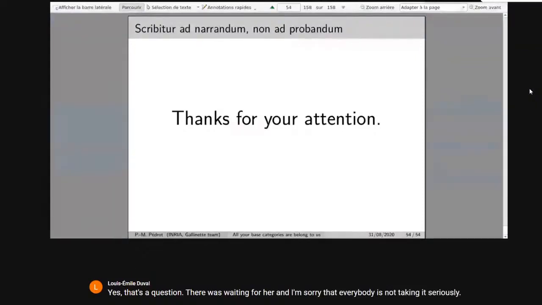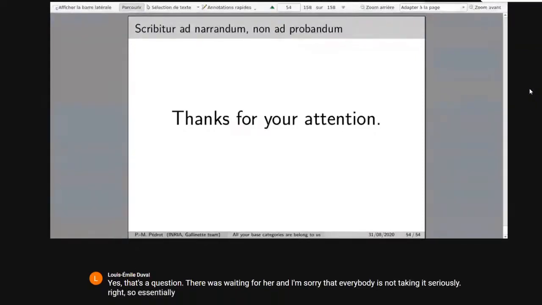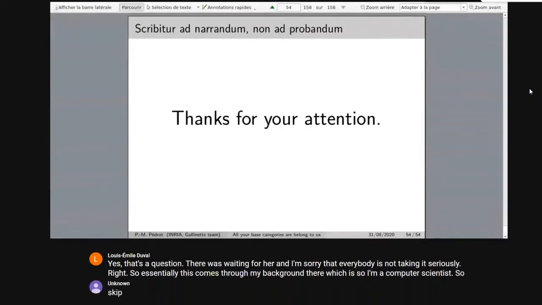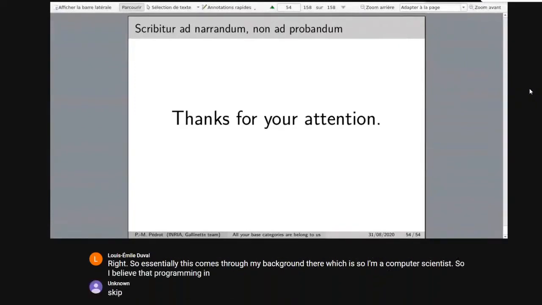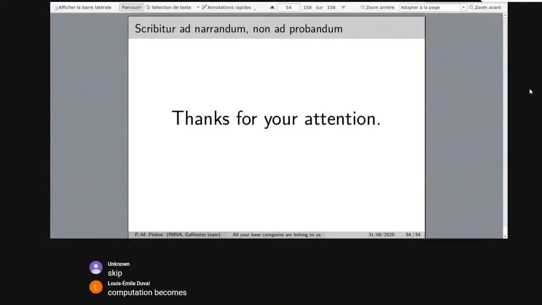Right, so essentially this comes from my background. I'm a computer scientist, so I believe that programming, in particular computation, comes before logic, right? This is kind of the Girardian school. You can define logic first; the computation is pre-existent to logic.